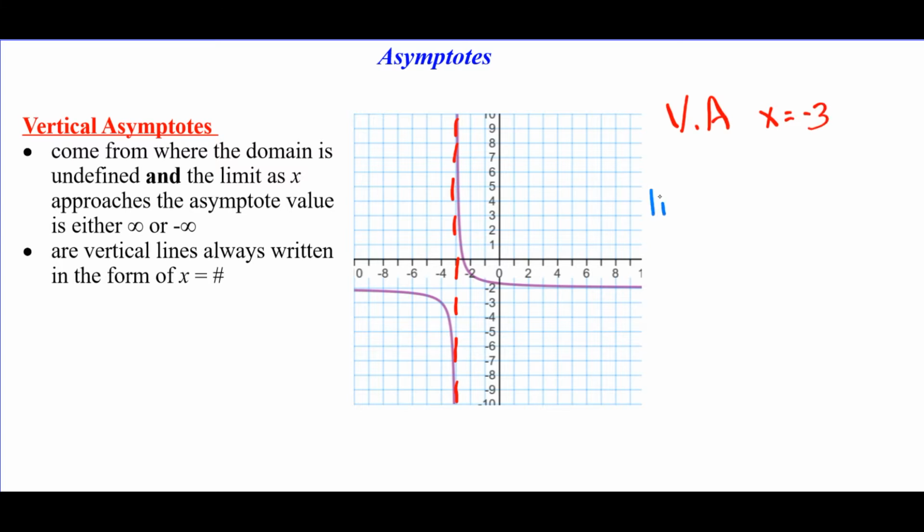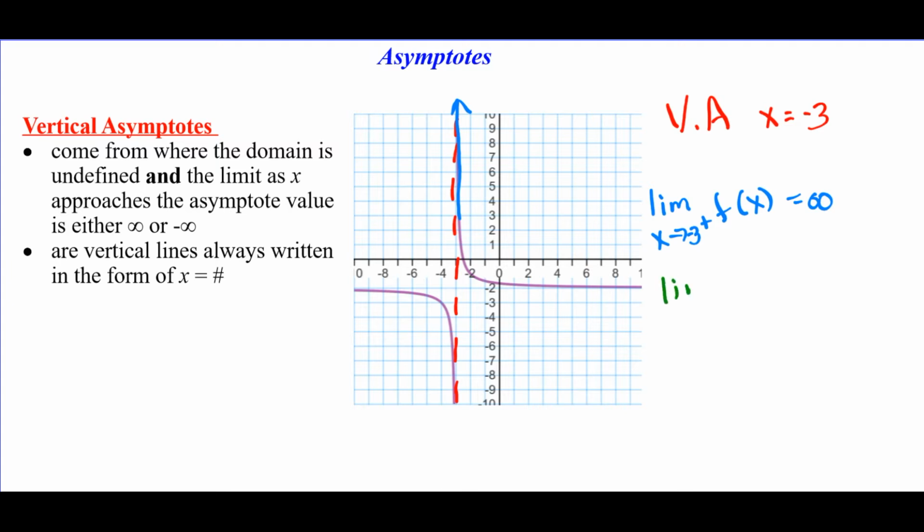If we look at those limiting values, the limit as x approaches -3 from the positive side, right here, is going up forever, so we would say that limit is positive infinity.